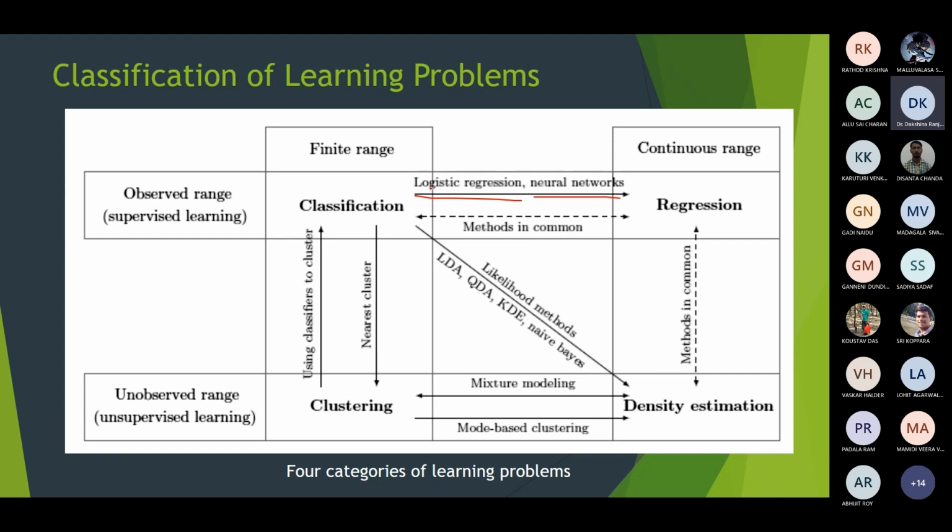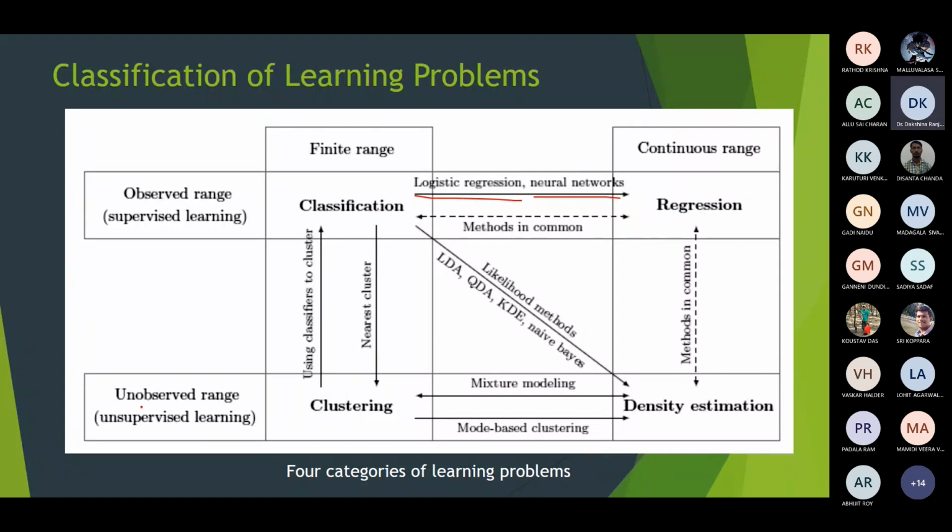Both logistic regression and neural networks are used as classification techniques, but by changing their configuration, we can obtain these classification techniques as a regression model. So these methods are common to classification and regression. In classification, we generate the class information or label information. In regression, we predict the response value.